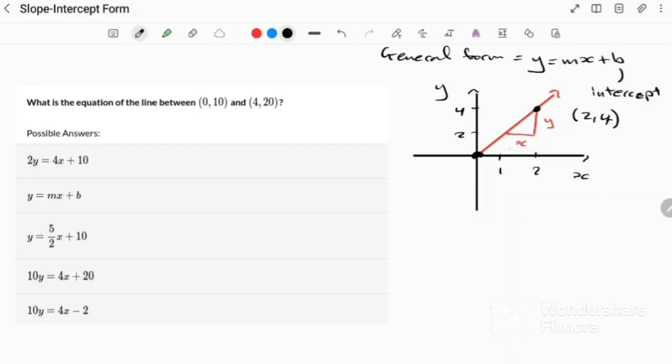This is 1 unit. But on the y-axis I moved 2 units. I moved from right here, which is 2, to right here, which is 4. So the slope of this line, which is m, would be 2. M is y over x.